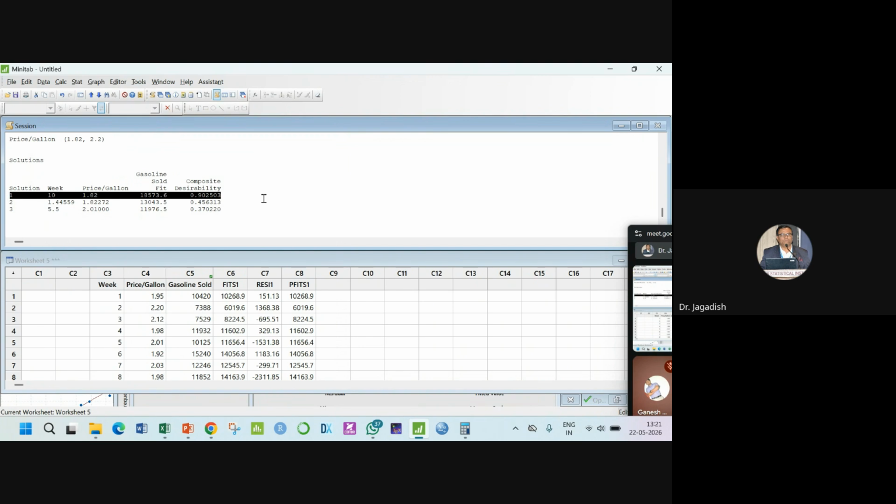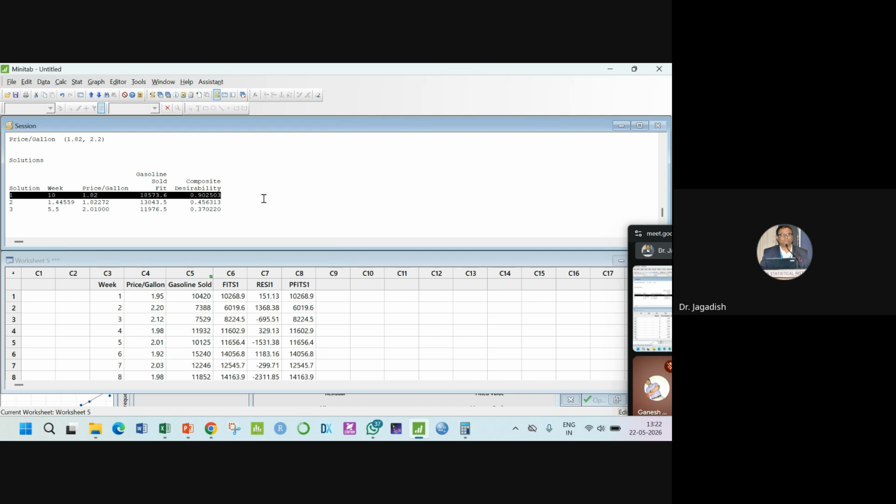So for the 10th week, if you keep 1.8 as the price per gallon, in most cases the gasoline sold will be higher and higher. If you increase or decrease this 1.8 value, the sales will mostly decrease. The maximum and minimum values are different compared to the optimal value.